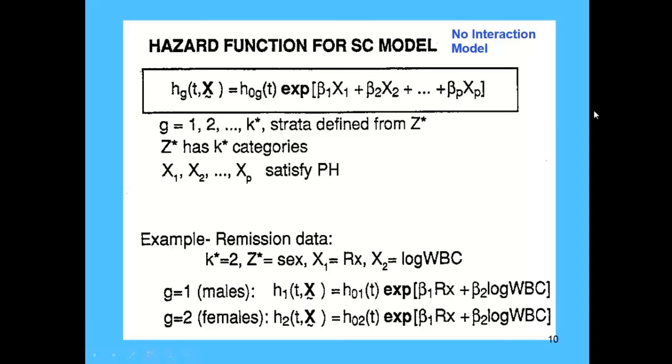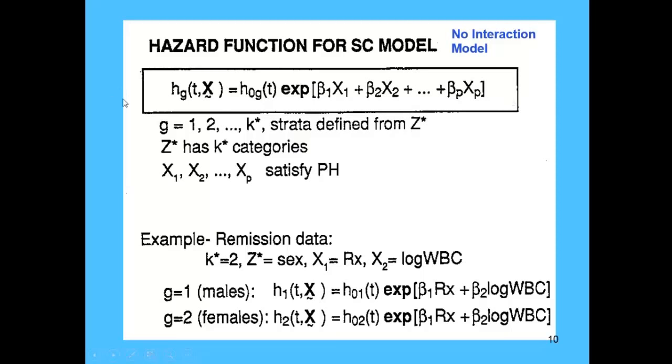Is it a survivor function or a hazard function? You know the answer to that. It's a hazard function because you see H, right? And you see H of t of x, the hazard function at time t for a person who has a set of predictors that are put in bold letters. X refers to x1, x2, say to xp.